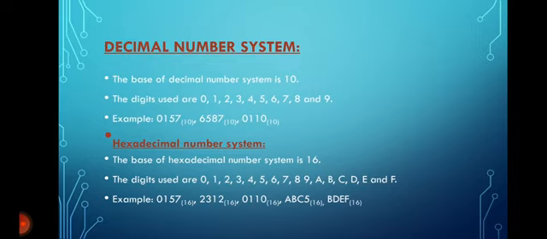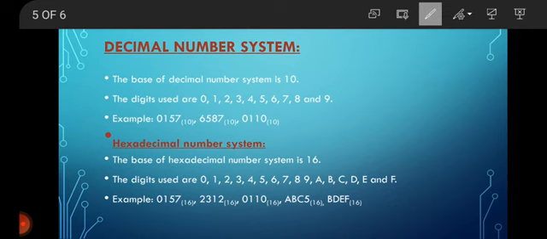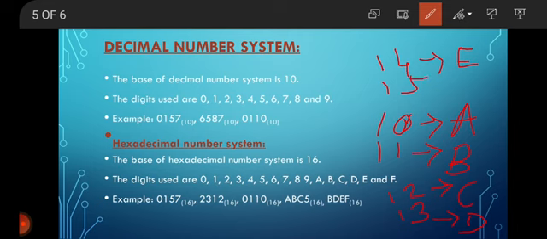But for 10, we will show it as A. For 11, we will represent it as B. For 12, C. For 13, it is D. For 14, it is E. And for 15, it is F. So for hexadecimal number system, we will represent the numbers from 10 to 15 as A to F. And examples are shown here.